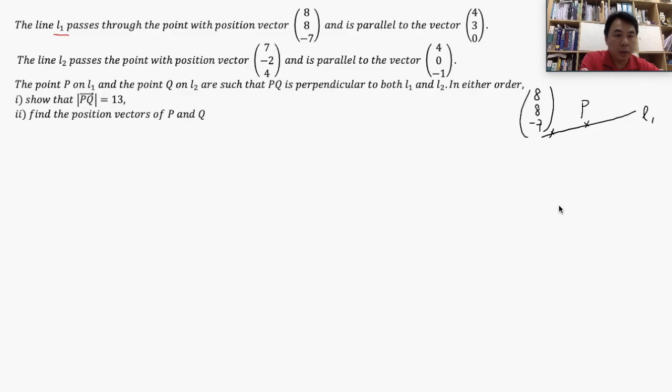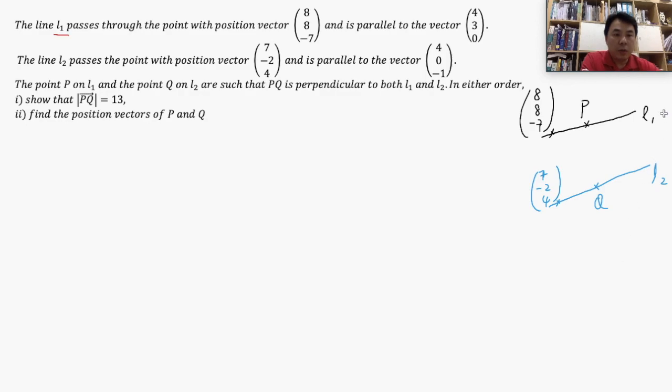The next line is L2. There's also another position vector here, which is given as (7, -2, 4), and then another point Q lying on the line L2.